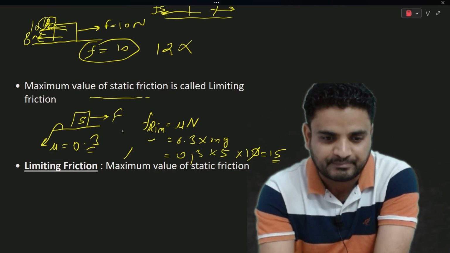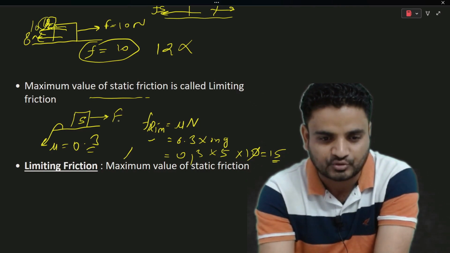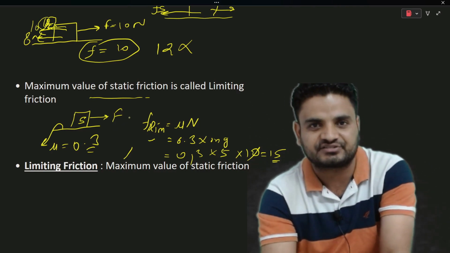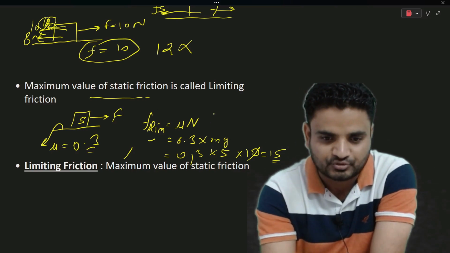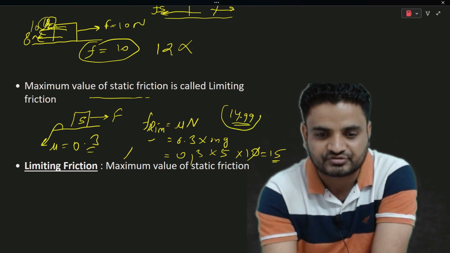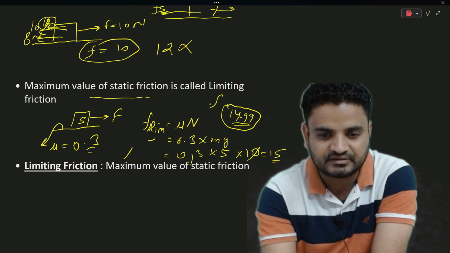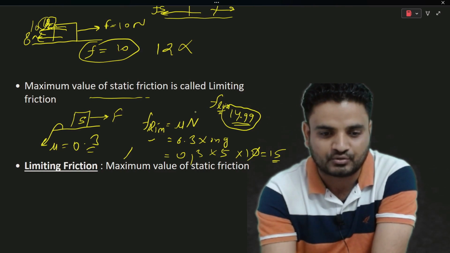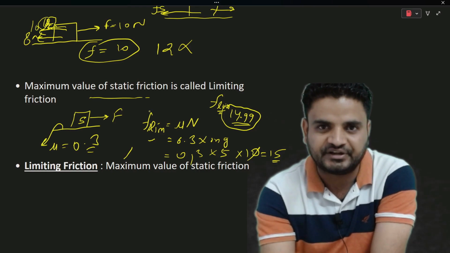It means if we apply a force of 10 Newton on this block, it will not move and the friction will be static friction. If we apply, let's suppose, 14.99, this is the last force up to which the block will be at rest. This is the limiting friction value, the maximum value of static friction. If you increase the value of force now, the block will move. This is the meaning of limiting friction.